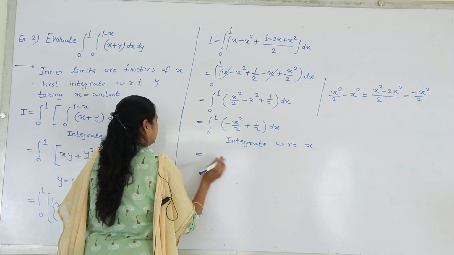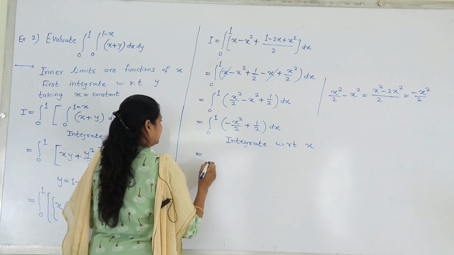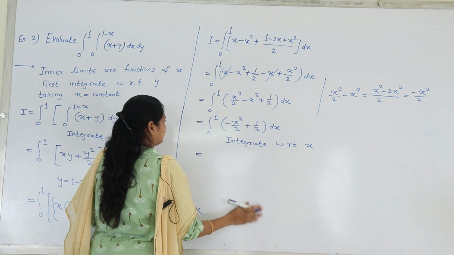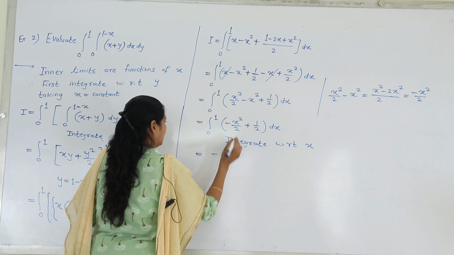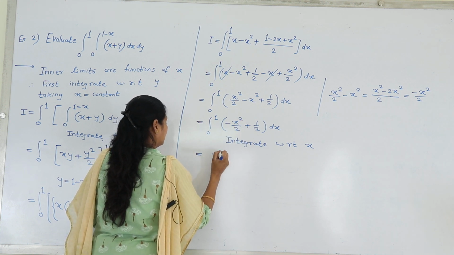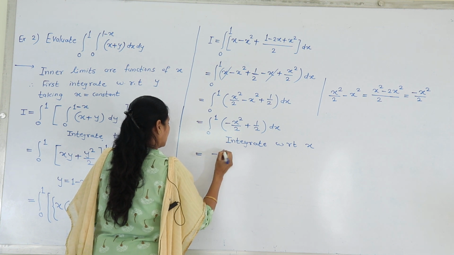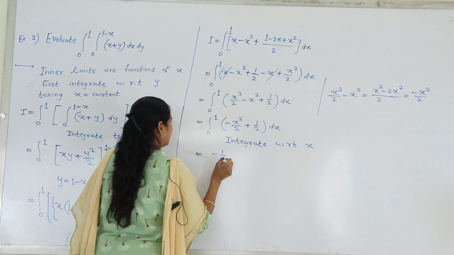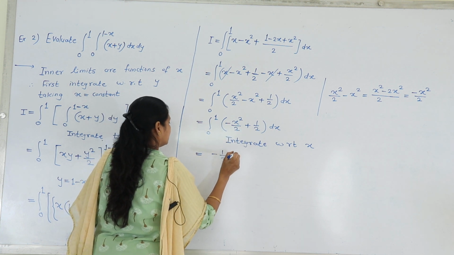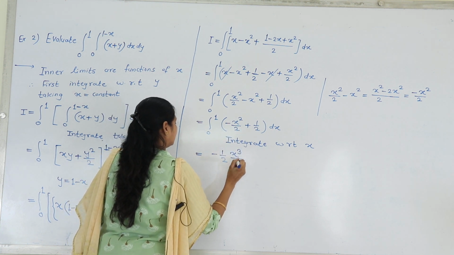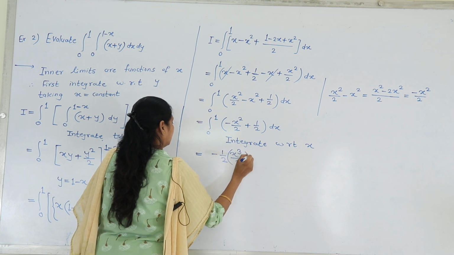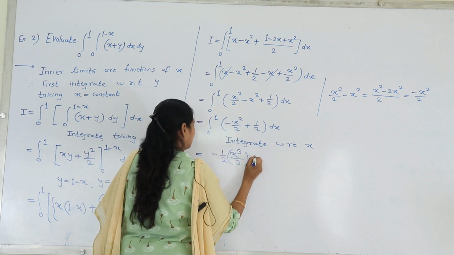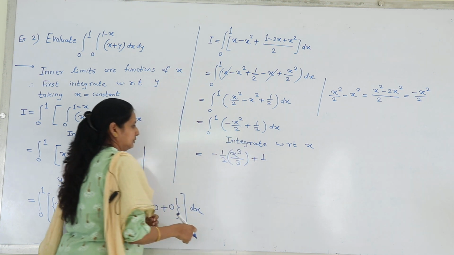Integration, minus is already here, minus integration of x square minus half, as it is integration of x square is x cube by 3 plus half x.